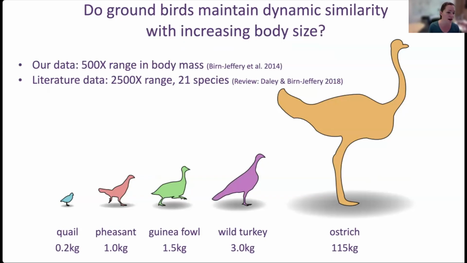But you can also try to run the MATLAB code on your own computer if you do have MATLAB. So we have data from ground birds over a 500-fold range in body mass from our own study. And we've also compiled literature data from 21 different additional species that span a size range of 2,500, okay?